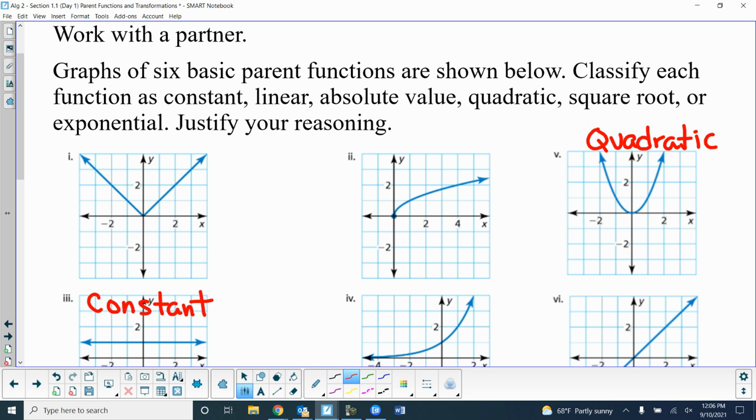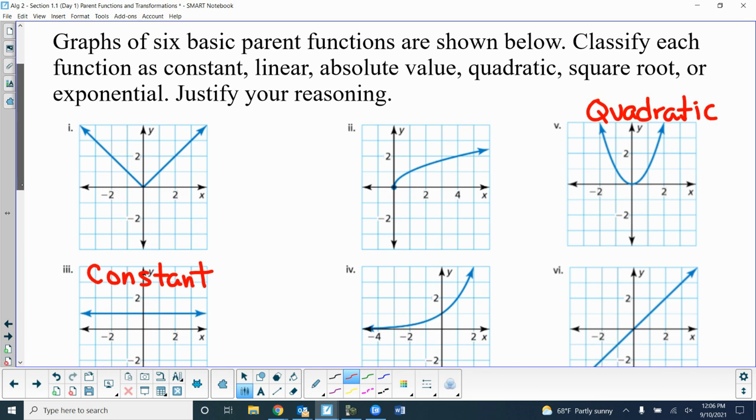All right. So the next one that's really easy should be linear. Which one's that? Yeah, the last one, the bottom right there, the number 6. Again, the word line is in linear, right? So that's a picture of a line.